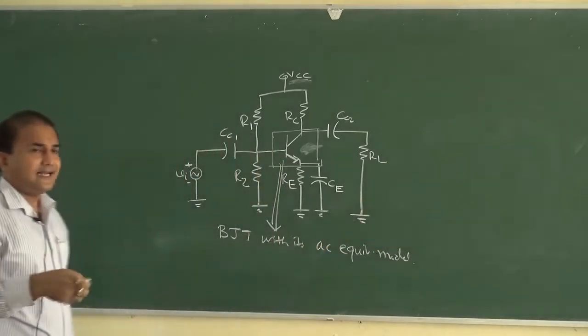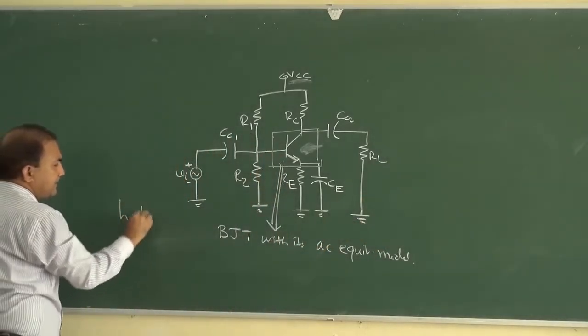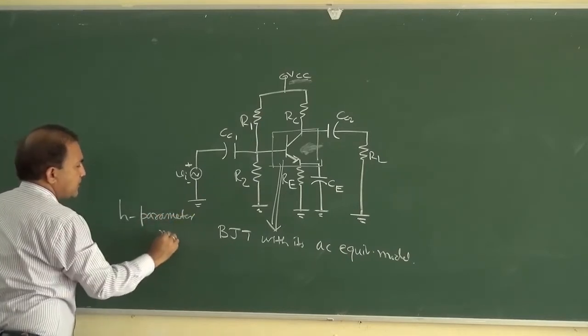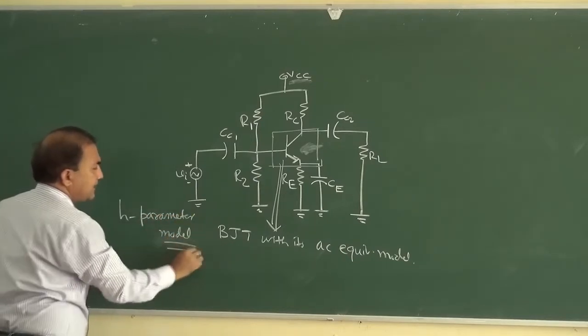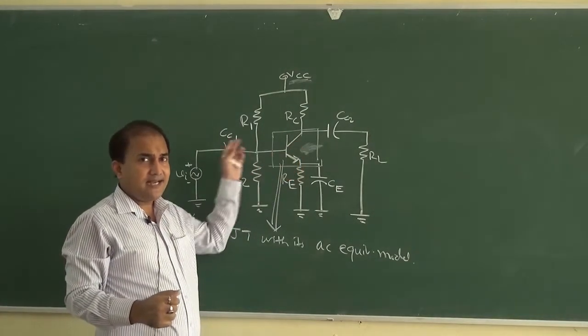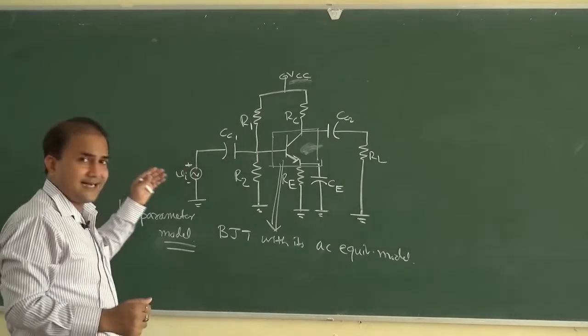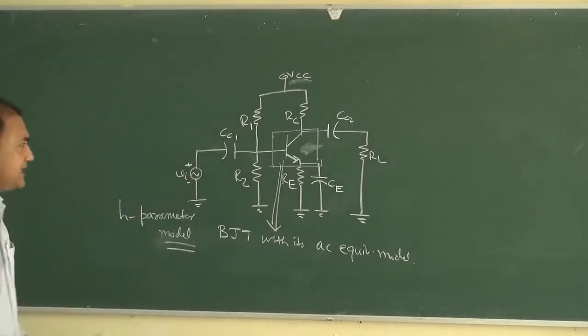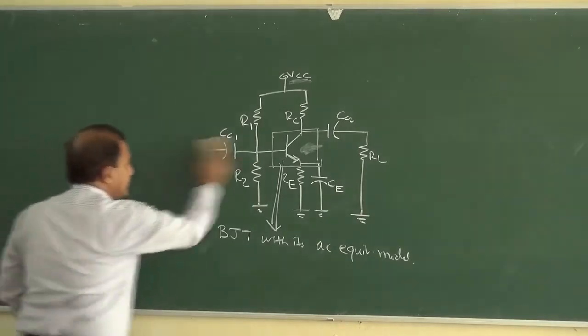One popular model is the H parameter model. By using the H parameter model, we can represent this BJT transistor in AC for analyzing this complete circuit. So first of all we will study the H parameter model.